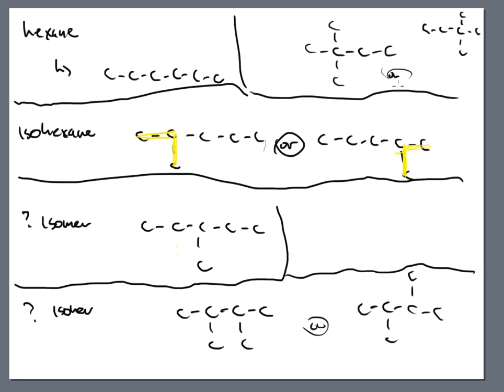So, each one of these has an IUPAC or systematic name, and they also have a common name. I'm not going to require you to give me both for every single structure that comes around. I want to make that clear. I'm going to focus on IUPAC whenever possible. But there are some names in the common nomenclature world that we have to get used to, and iso is one of those.